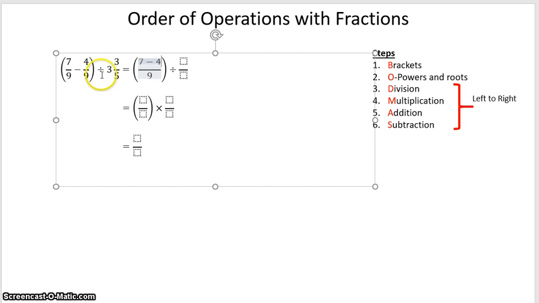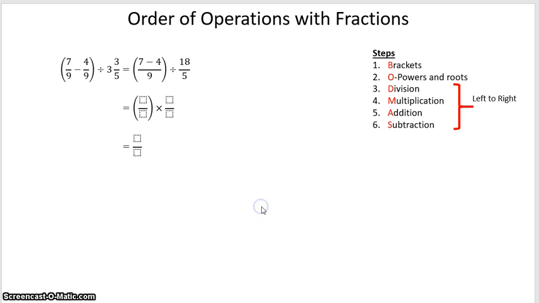And then the divide, I'm going to keep the divide, and this mixed number I'm going to change to improper. So I'm looking at 3 times 5, 15, plus another 3, so it's 18 over 5. Okay. So next step, as in our division video, we are going to change the divide to times.